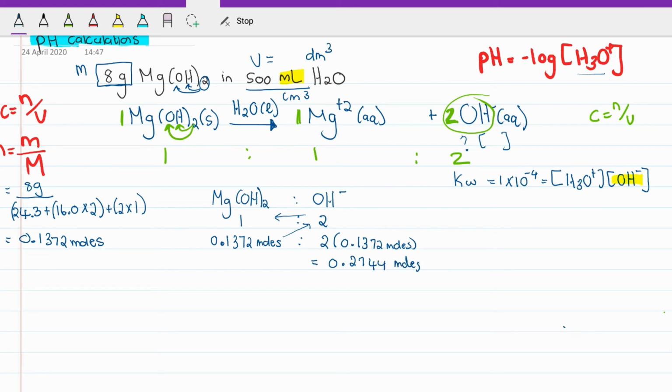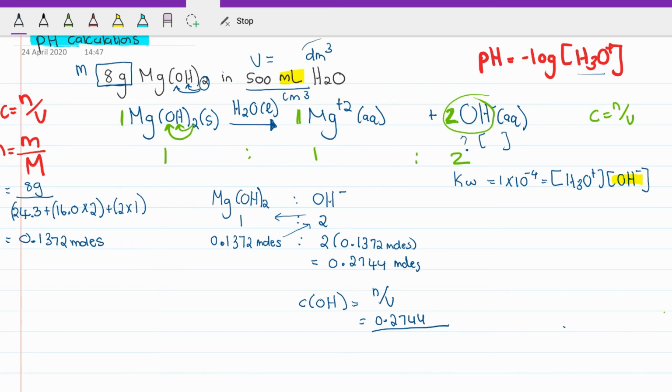So to get the concentration of my hydroxide ions, I am going to take the moles divided by the volume. So I do have the moles. I'm going to divide it by the volume. Now remember that 500 milliliters has to be in cubic decimeters, because 1 milliliter is equal to 1 cubic centimeter.